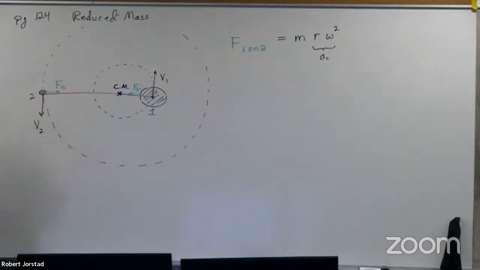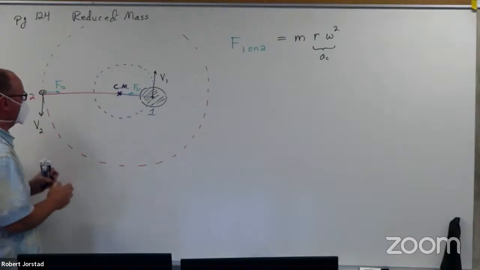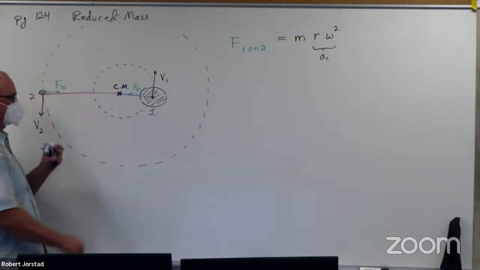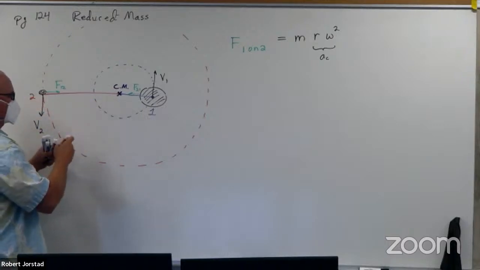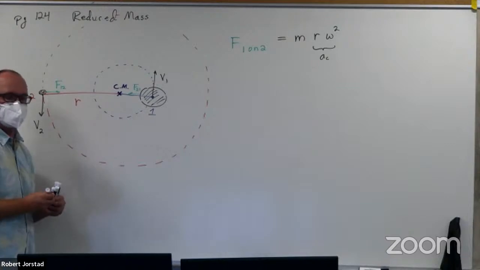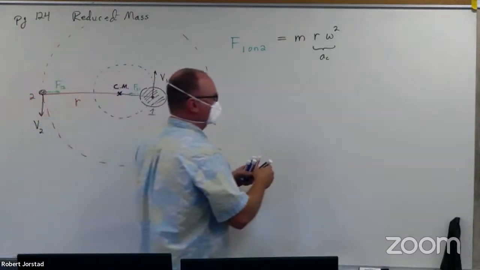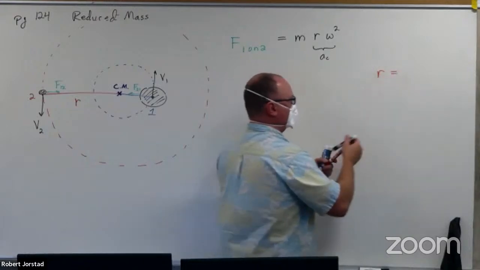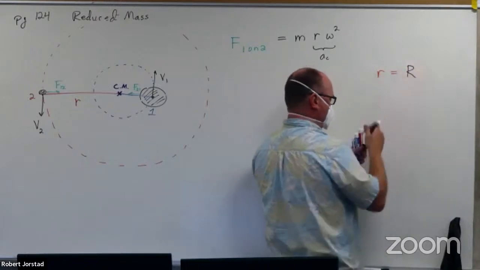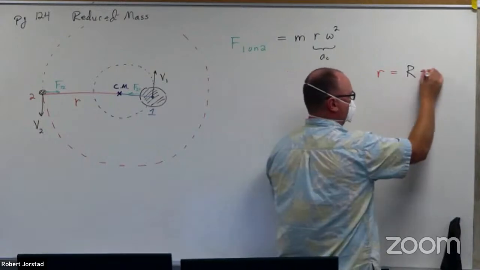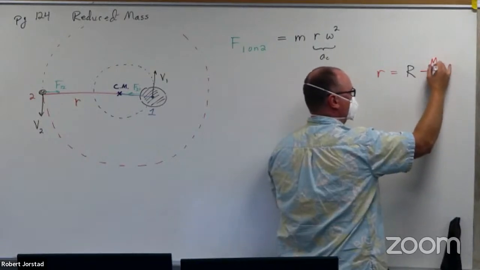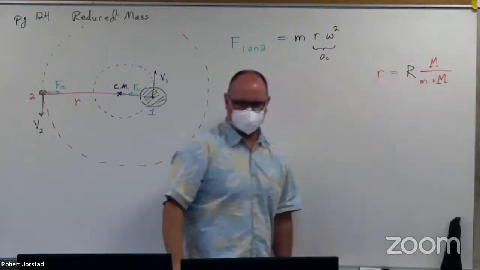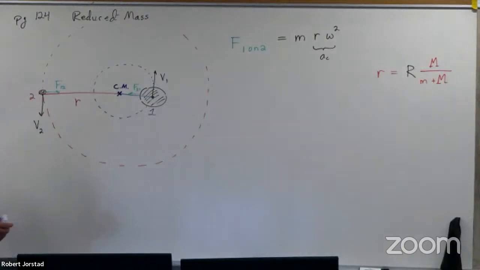Now, when we look at it, the radius of circular motion is not the center to center distance. Do you agree? The circular motion is related to this radius right here. If you use the center of mass equation, we could learn that the red object's radius is the entire radius times this special factor if we do center mass. And if you've done center mass problems, you'd be like, yeah, that seems plausible. Okay.